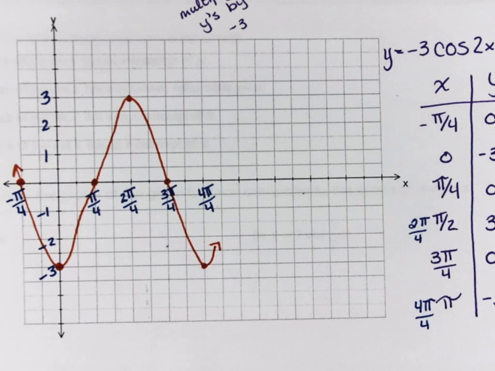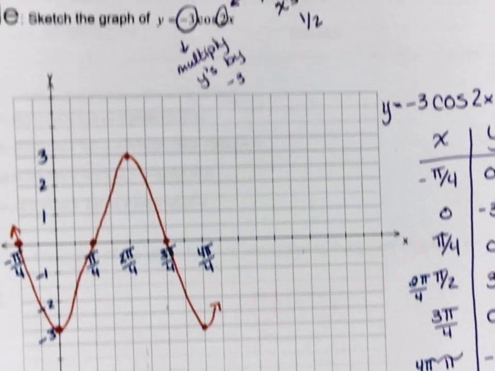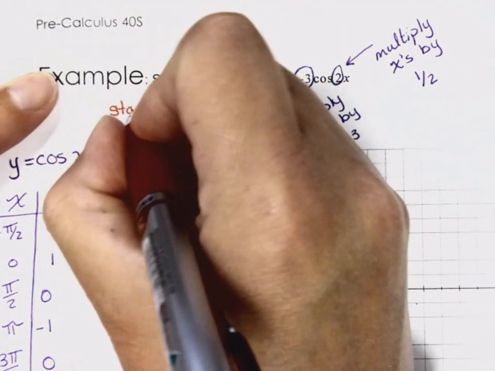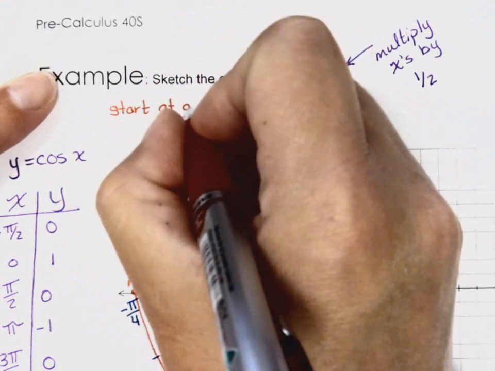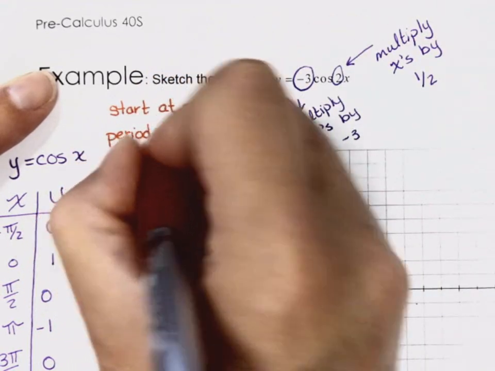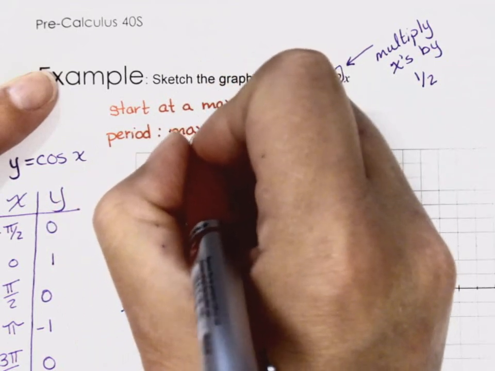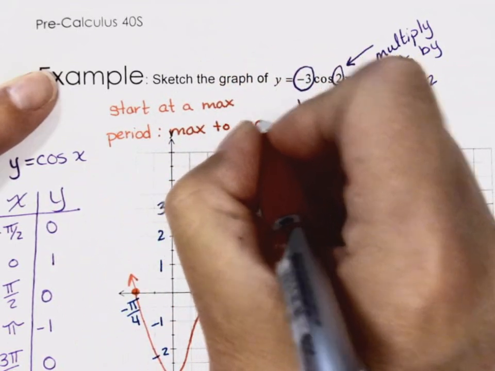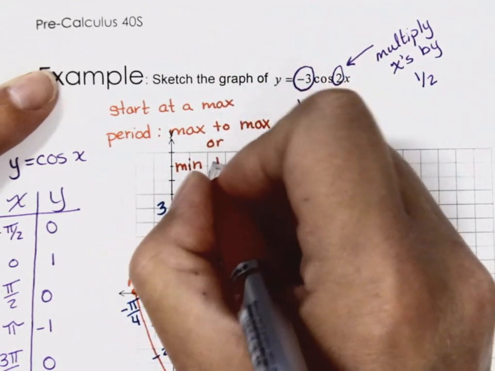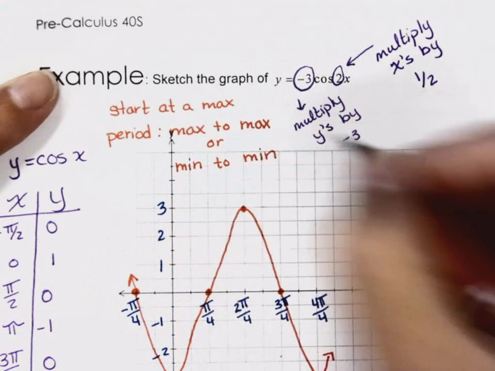All right, let's calculate the period. So for cosine graphs, we know they always start at a max, and to find the period, you're going to go from a max to a max, or a min to a min.